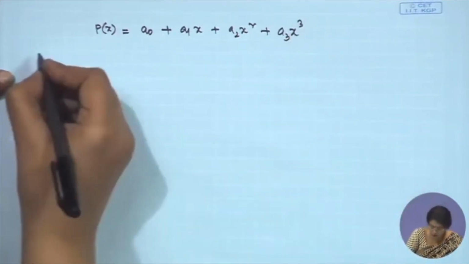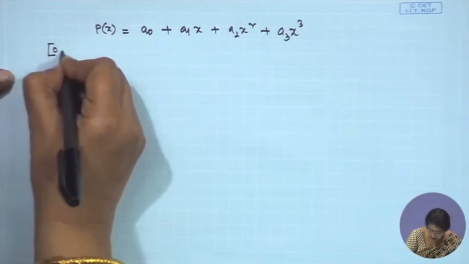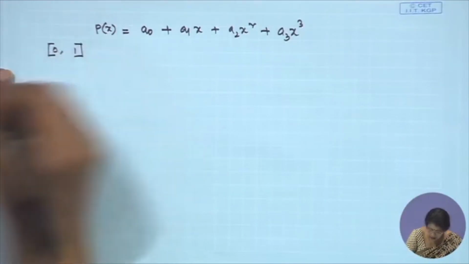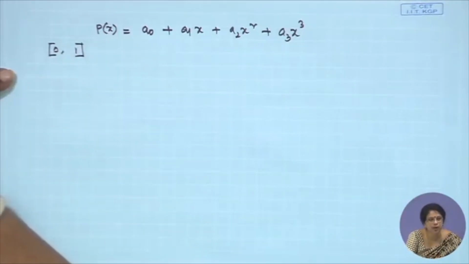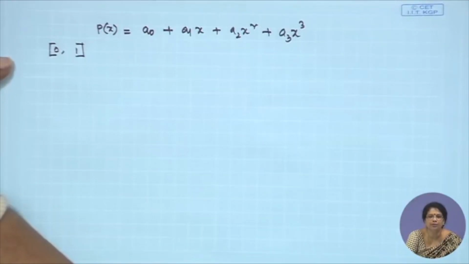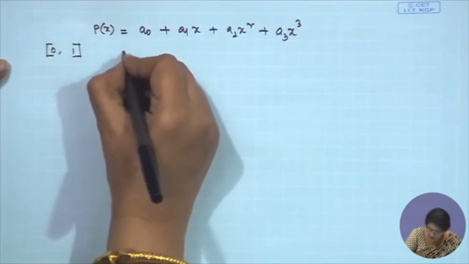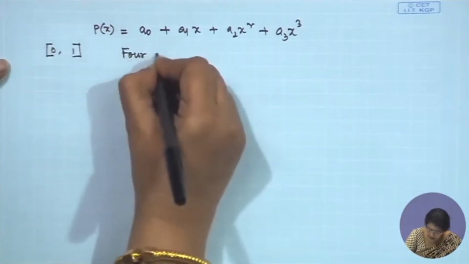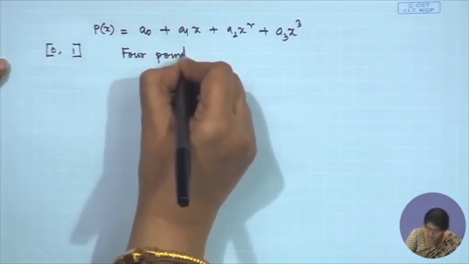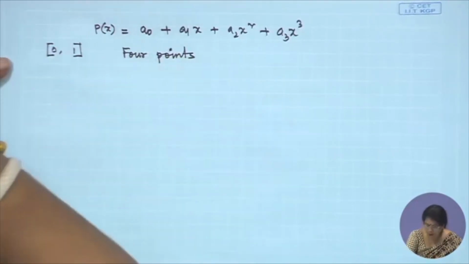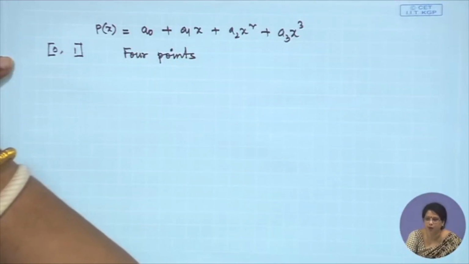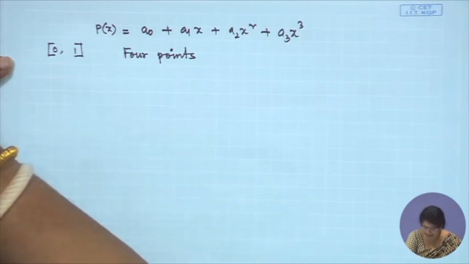Now, we have 2 points, 0 and 1. For finding the values for a0, a1, a2 and a3, how many points do you need? You need 4 points, then only you will get 4 equations with 4 unknowns. You can find the values for a0, a1, a2 and a3.